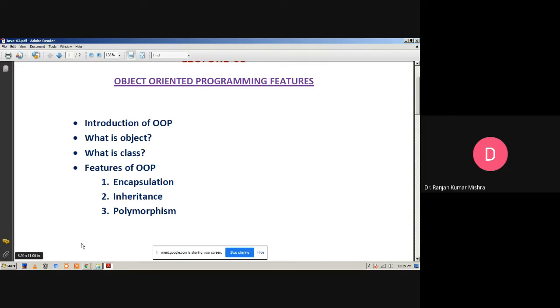Briefly, we can say that inheritance is the property that is used to use the properties of one class in another class. It also provides the concept of reusability, that means write once and use many times.